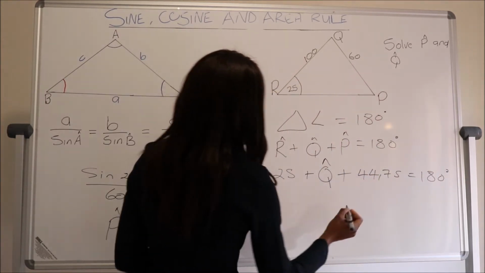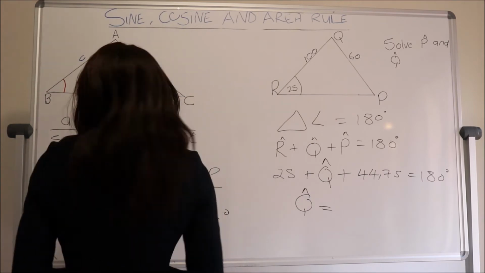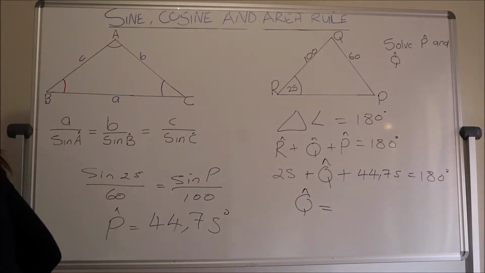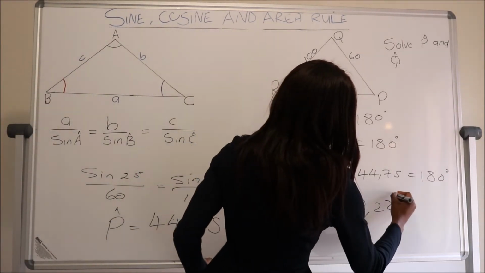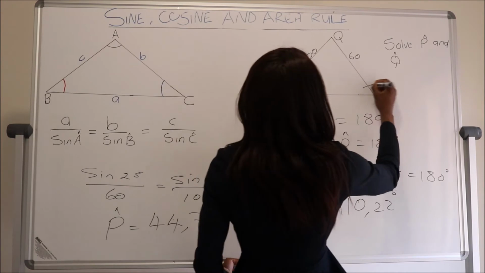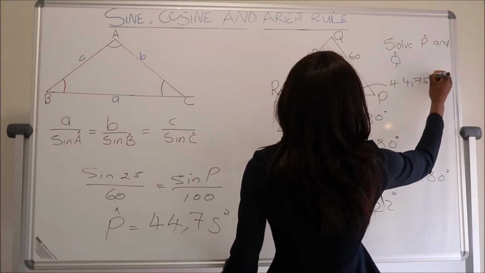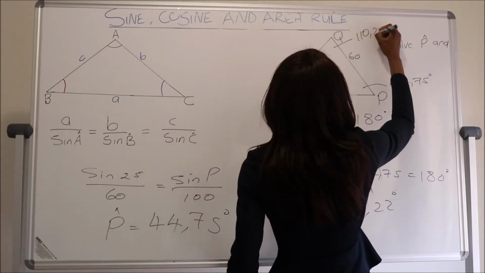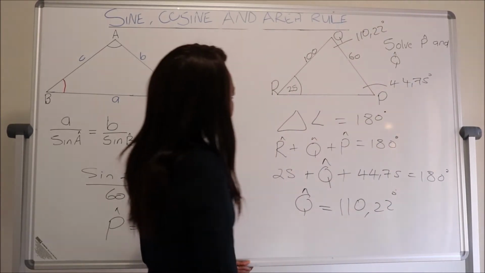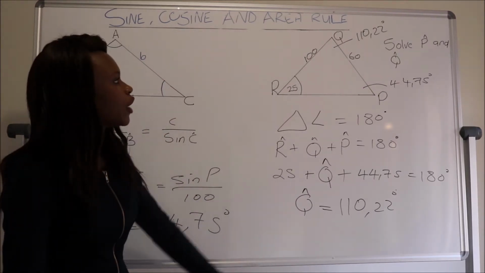Then from here we can solve the unknown, which is angle Q, using my calculator again, and it will be 110.22 degrees. That means that the angle of P here is equal to 44.75 degrees, and the angle of Q there is 110.22 degrees. Then we have solved the question that we were asked to solve in trigonometry.